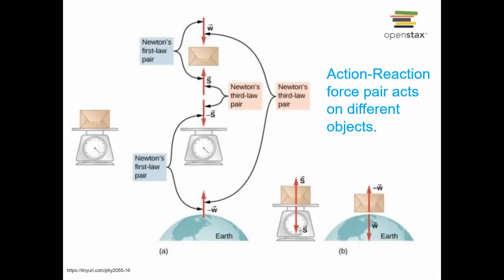They cancel out. So that's the first law pair. For the third law pair here, this guy, the supporting force on the object, and the force by the object on the scale, these two are a third law pair or action and reaction pair because they are the same magnitude in opposite direction and acting on different objects.